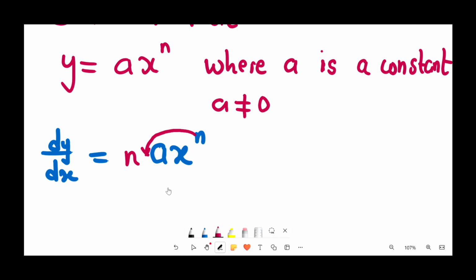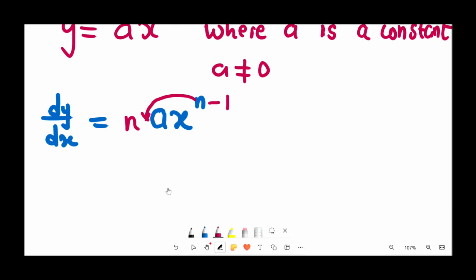Then that same power here, you subtract 1 from it. So the power of the independent variable will be reduced by 1, and that same power will be used to multiply the term of that particular variable.